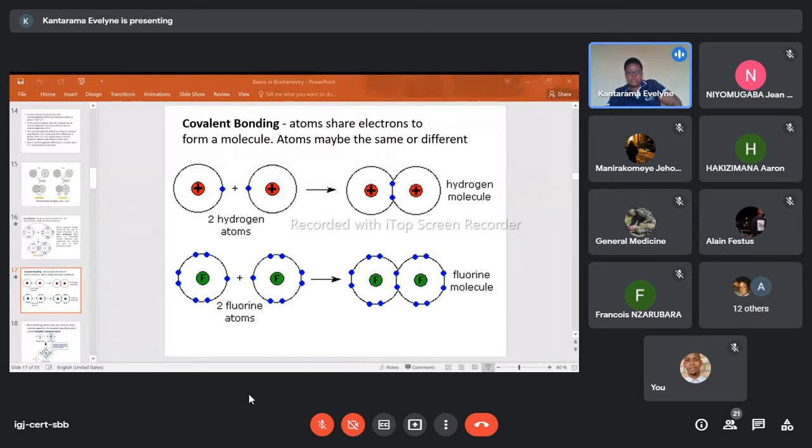Even when there is a sharing of electrons between those two atoms, oxygen has a high ability to attract more electrons from hydrogen, and this creates partial positive and negative charges.